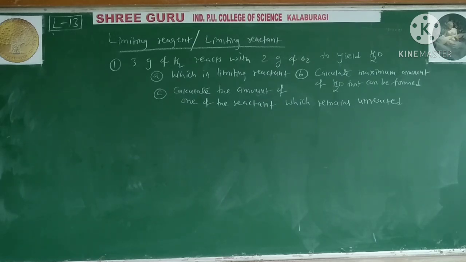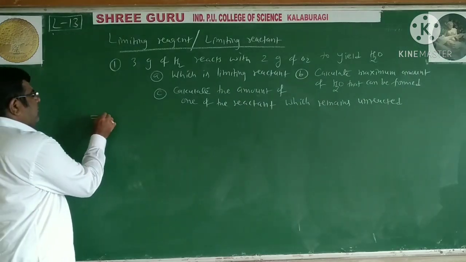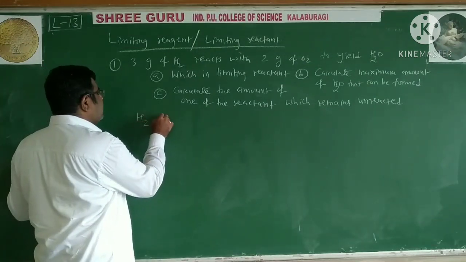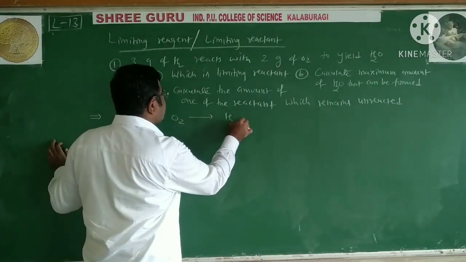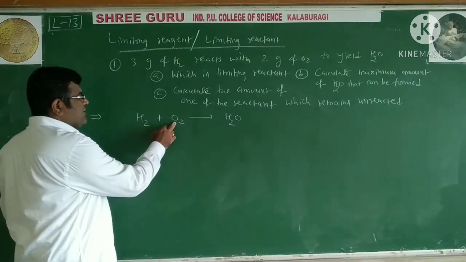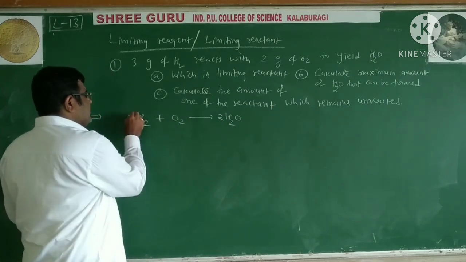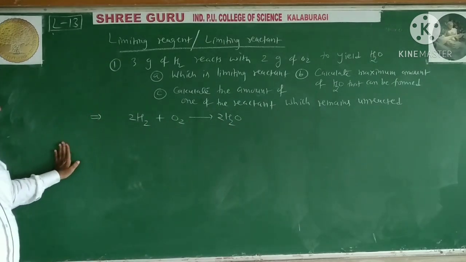3 gram of hydrogen reacts with 2 grams of oxygen to form H2O. Which is the limiting reactant? So we'll first write the chemical equation, that is the most important part. Hydrogen plus oxygen gives H2O. In H2O there are 2 hydrogens and only 1 oxygen, so we balance it: 2H2 + O2 gives 2H2O.